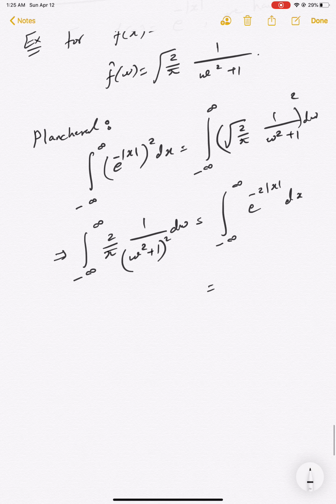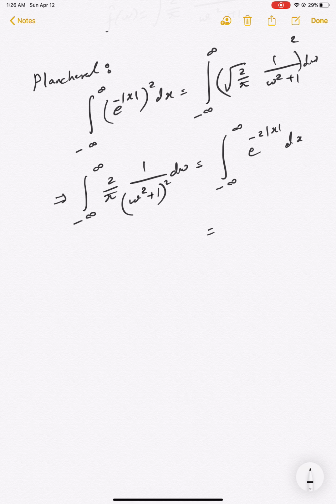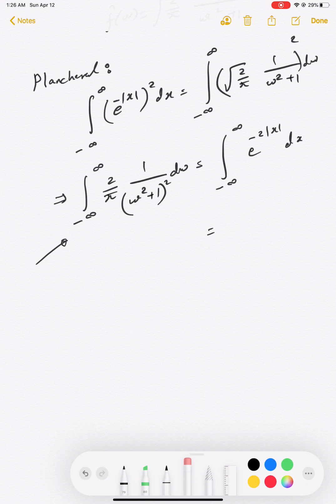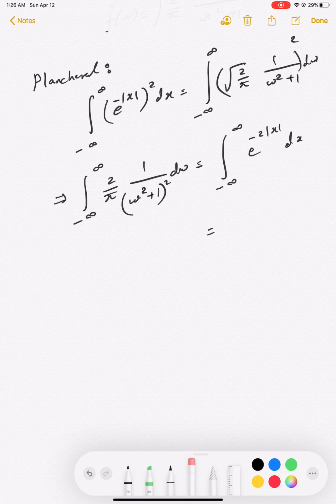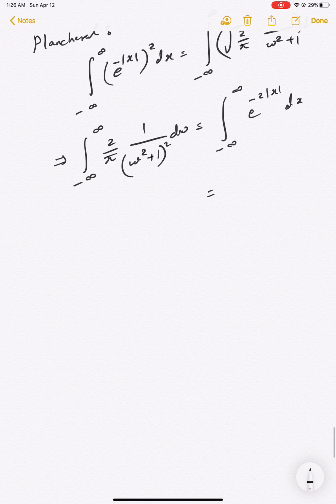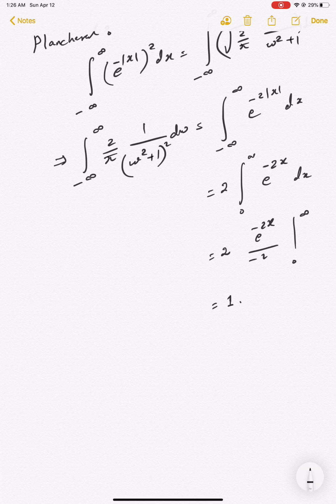It's very nice that the left integral is not that easy. To do the left integral, you need to do some trigonometric substitutions. But now I'm computing this integral not using trigonometric substitutions, but using the very easy integral on the right. So what is the integral on the right? It's double the integral from 0 to infinity of e to the minus 2x, which is double e to the minus 2x over minus 2 from 0 to infinity, and in fact this is equal to 1.